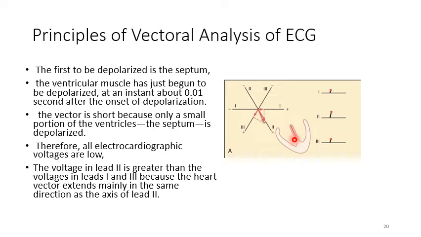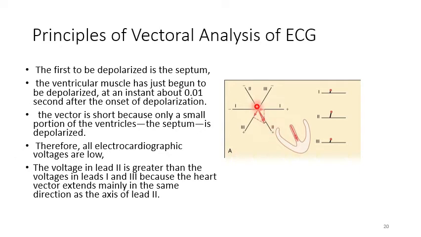So we move this instantaneous vector to the triaxial reference of the 3 bipolar limb leads, and this is how we draw them: lead 1, lead 3, and lead 2.